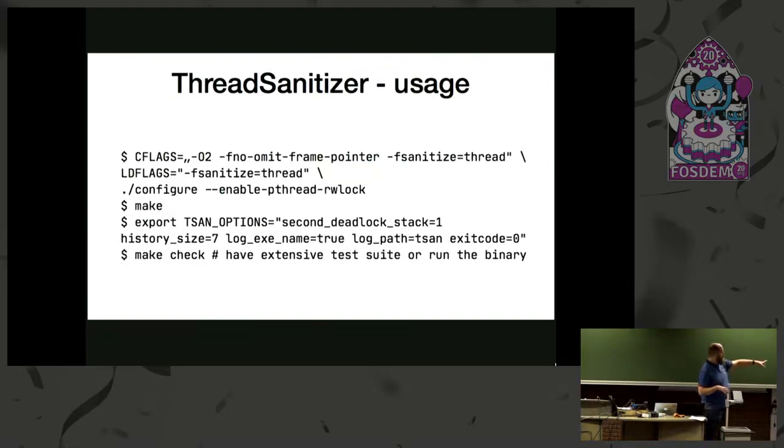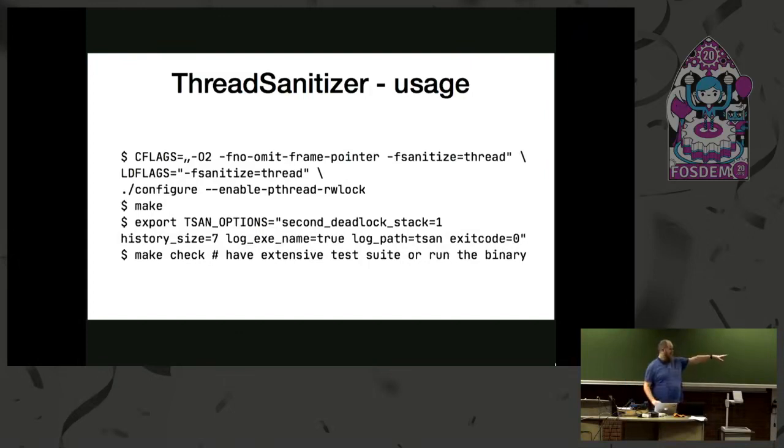Because BIND is quite complex, we need to increase the history size. It's the amount of memory the ThreadSanitizer uses to keep track of the memory locations, and some other options which make it cleaner, because, for example, the log path basically means that the output is logged in a separate file and it's not mixed in the standard output.